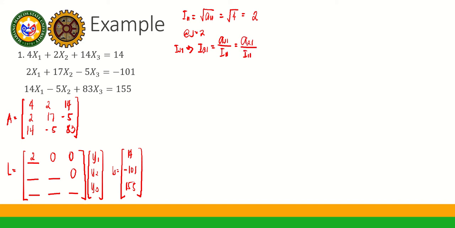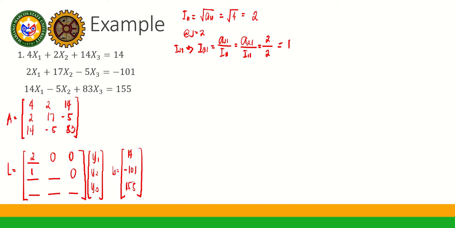And a21 is the first element on the second row of matrix A, so siya will be 2. So, 2 over 2, which is si l11 na solve natin kanina, that will be equal to 1. So, si l21 natin is equal to 1.